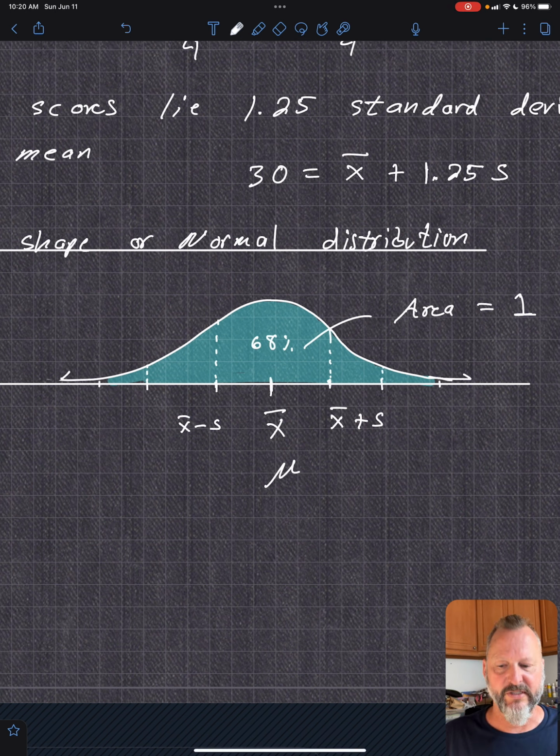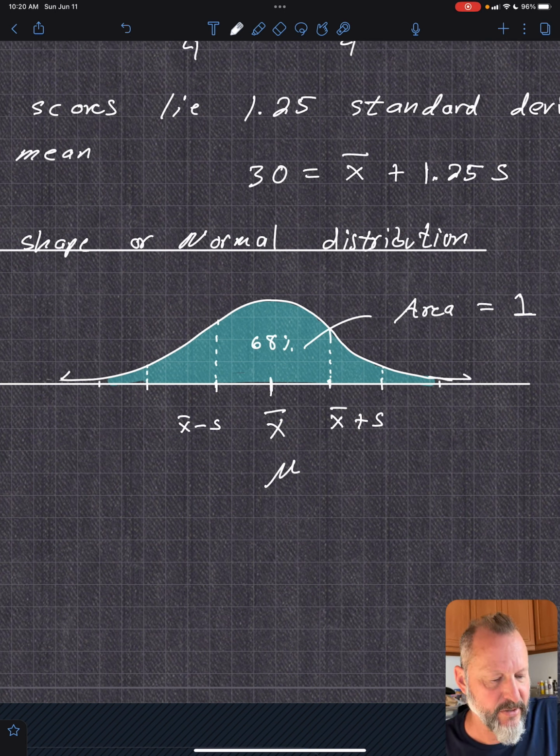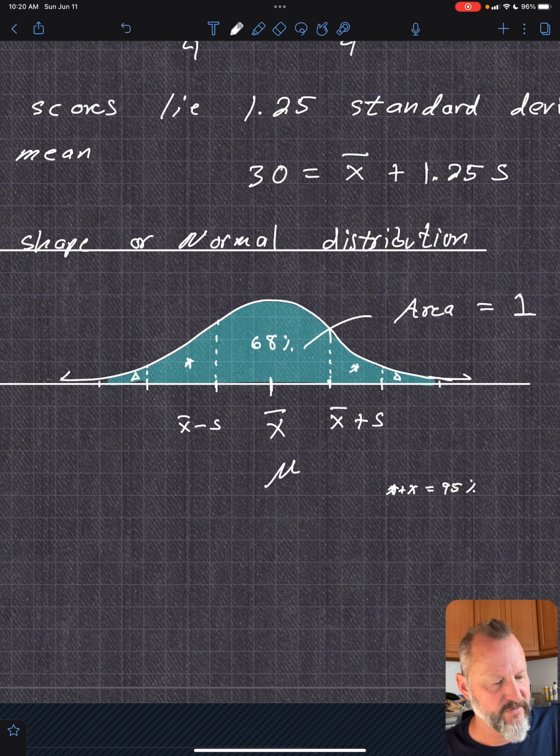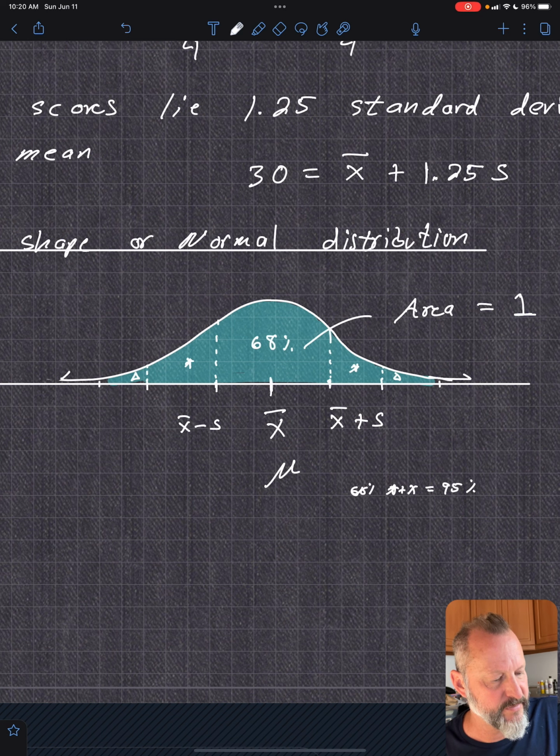So one side or the other, you'd be half of it, but the total, I'll just say this and this. Okay, so you add those together, and you're good, 95%. And then you do the outsides, everything in between as well, right? So it's a 68% plus those sides plus the next sides.